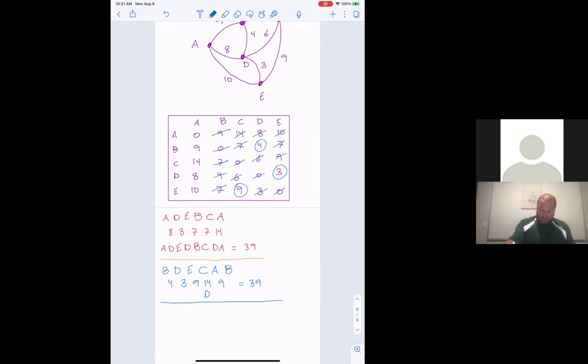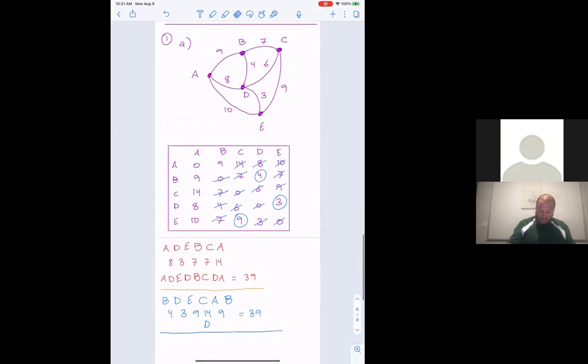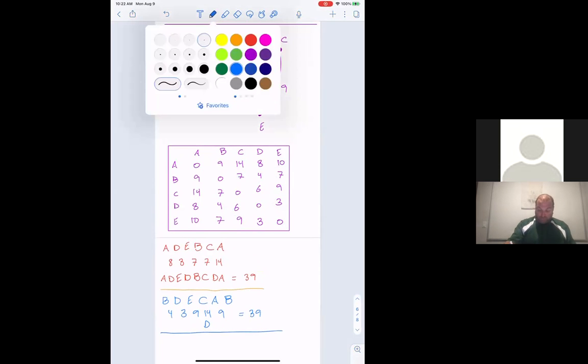So 2 different ways so far, starting at A or starting at B, both give me a 39. I wonder if they all give me 39. I don't think they would. Let's try this one.